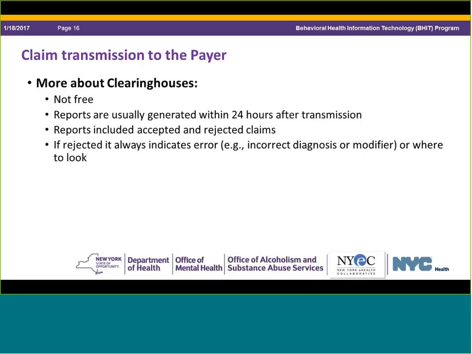The clearinghouse reports usually are generated within 24 hours of the transmission. Sometimes you get instantaneous results. Sometimes it takes up to 24 hours to get some form of acknowledgement from the MCOs. The reports usually include what's accepted and what's rejected, and if it's rejected, it always indicates the error.